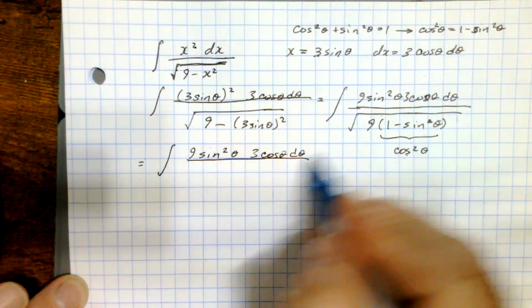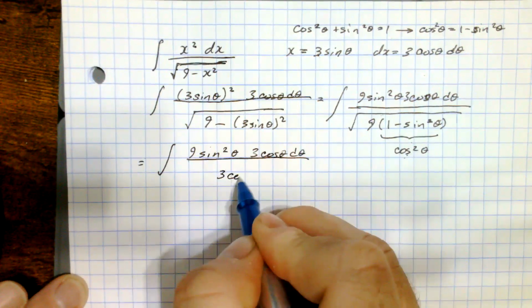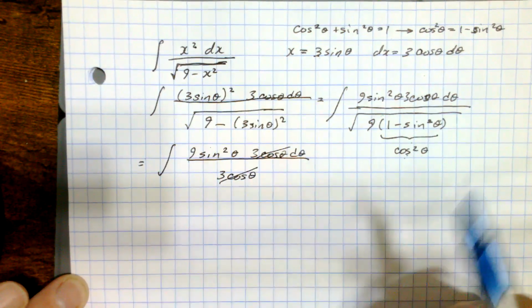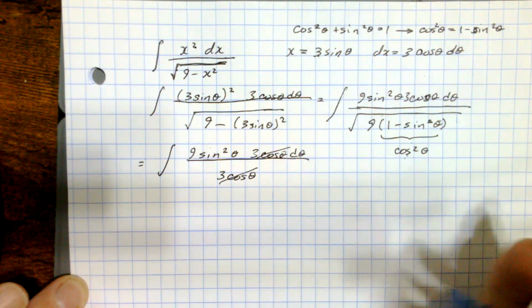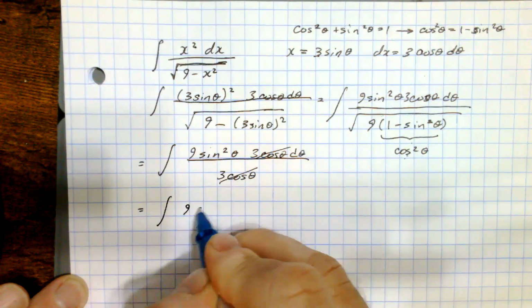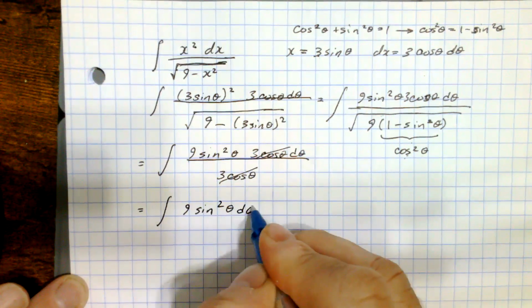So I'll go ahead and write the square root canceling out here. That'll give me a 3 cosine theta downstairs, which will reduce out of the denominator there. And now I'm just left with the integral of 9 sine squared theta d theta.